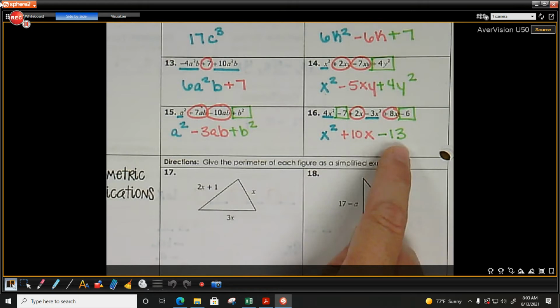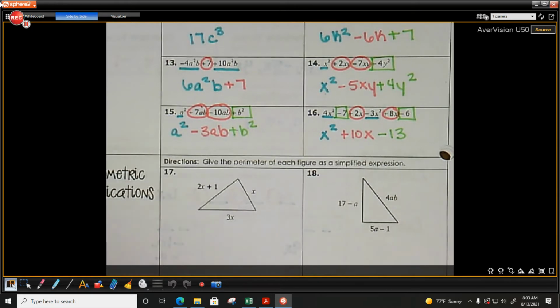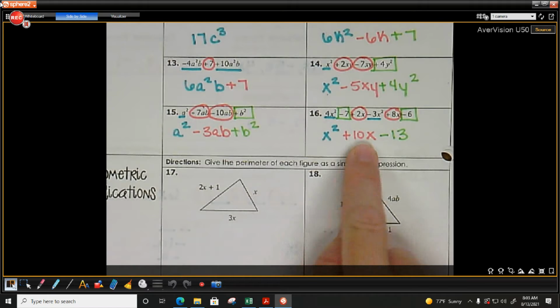Okay? So you're not wrong. You got it right. If each individual term is correct, you're correct. Again, I'm going to try to get y'all x squared x constant. Okay?